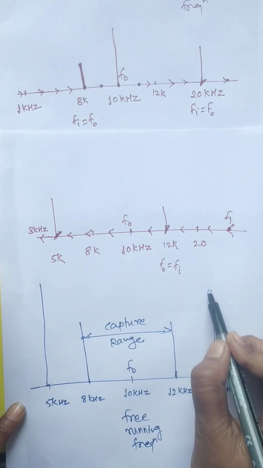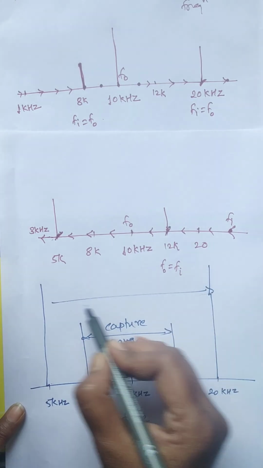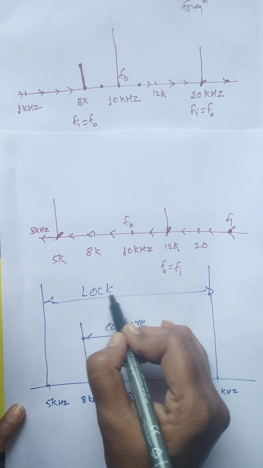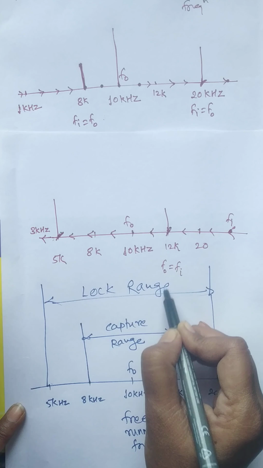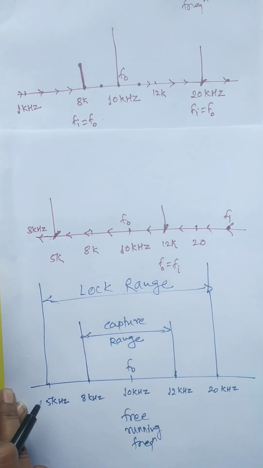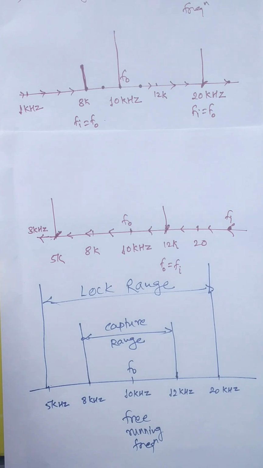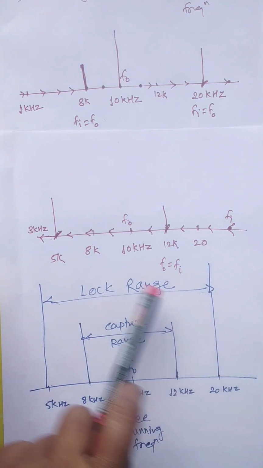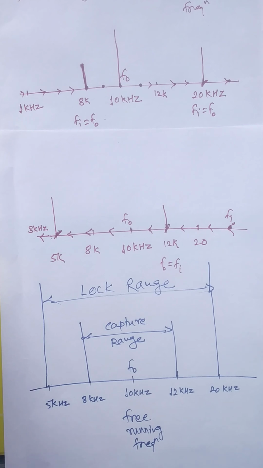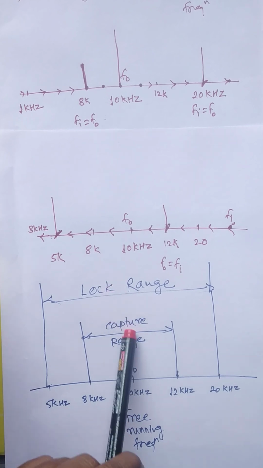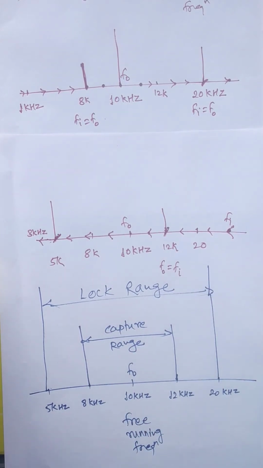So 5 kilohertz to 20 kilohertz is called the lock range, because above this limit and below this limit, both lose lock. So you can explain these three terms in this way.